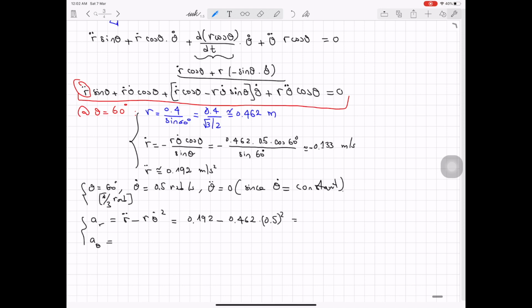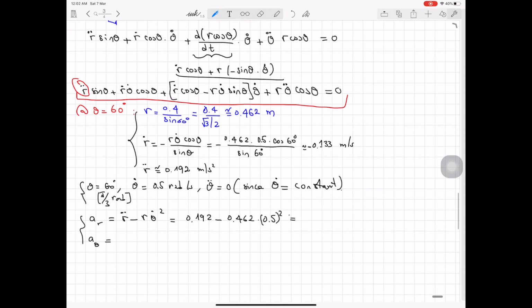Using my computer to calculate this, it is approximately 0.0765 meter per second squared.